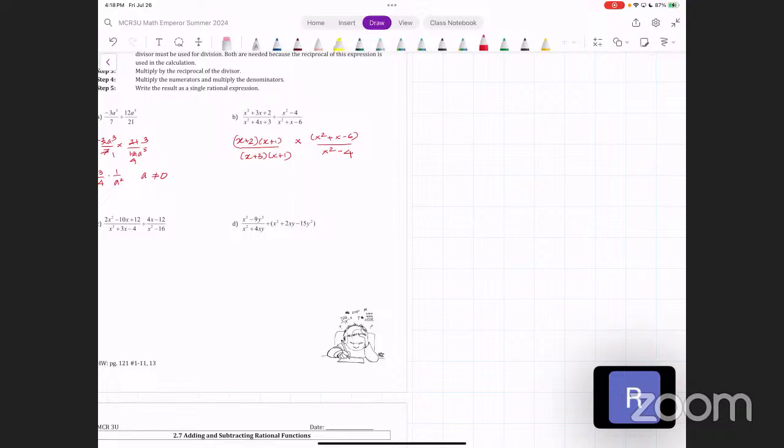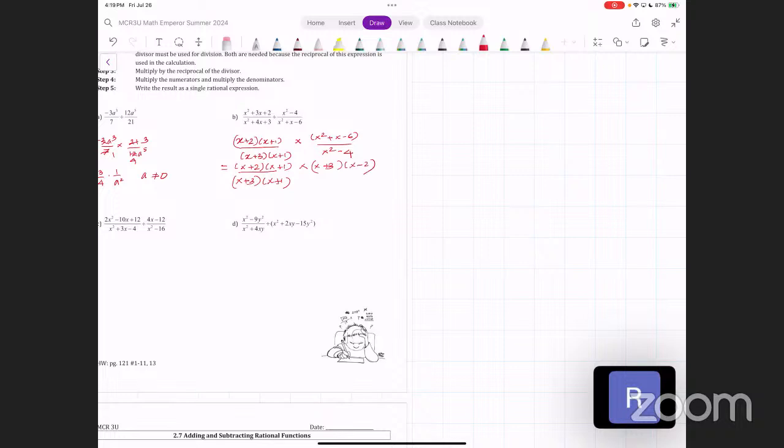So we're going to factor the division part. So this is going to be times x minus 3, x plus 3 into x minus 2.